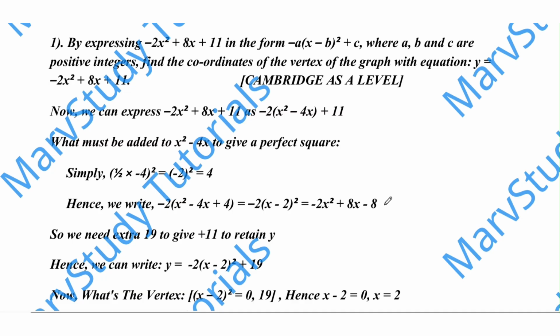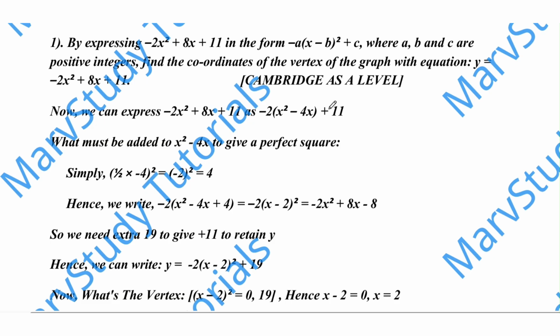So if you have negative 8, we look back at the expression we have been given and ask, what must be added to retain this 11? When we added 4, which was needed to give a perfect square, that's negative 2x squared plus 8x negative 8. What must now be added to retain this 11? We need a positive 19, because negative 8 plus 19 is going to be 11.